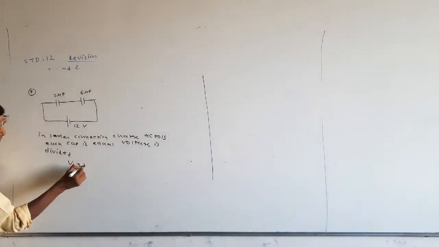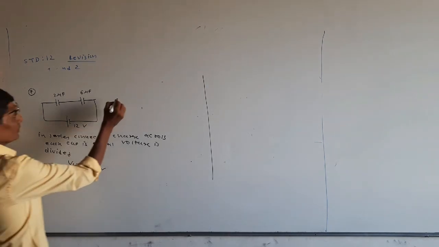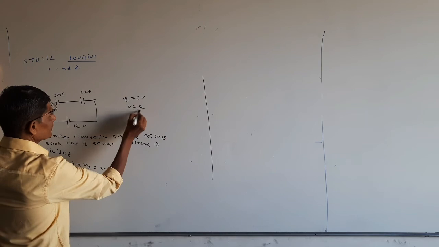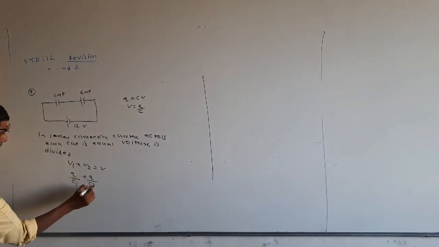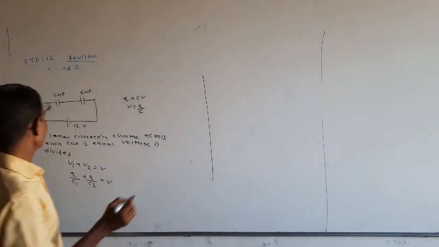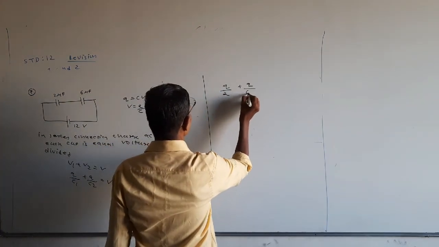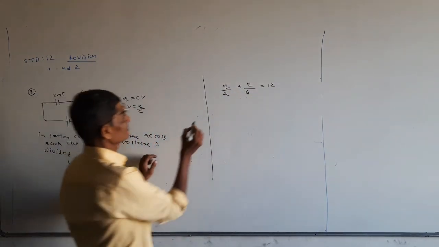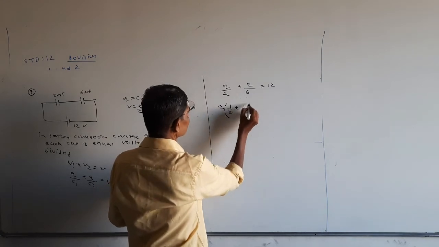So here V1 plus V2 is V. Now see our formula: C is equal to Q by V, so V is Q by C. So Q upon C1. Now we can substitute the value. C1 value is 2, C2 is 6, so Q times 1 by 2 plus 1 by 6.